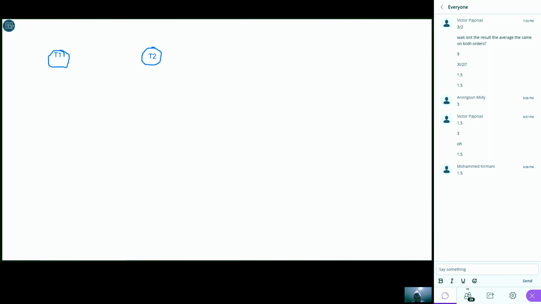Okay, so if you have this kind of situation where one transaction is reading something, I had to put the number of the transaction here too. Let's call it T1. Let's call this T2.